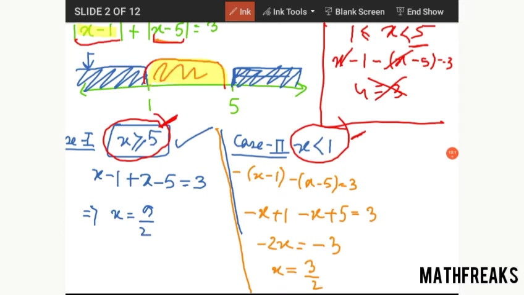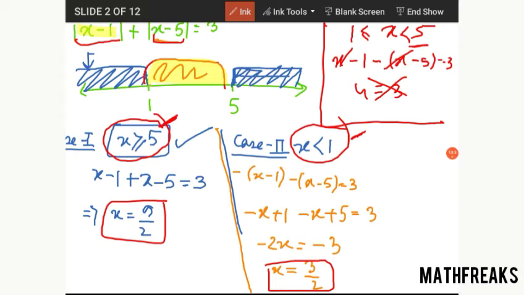This is for sure. Now we have got two values of x. Now are we done? No, right? In the previous lecture I have told you that after finding the values of the mod, you have to put the values of x in the original equation and then check if the value satisfies.